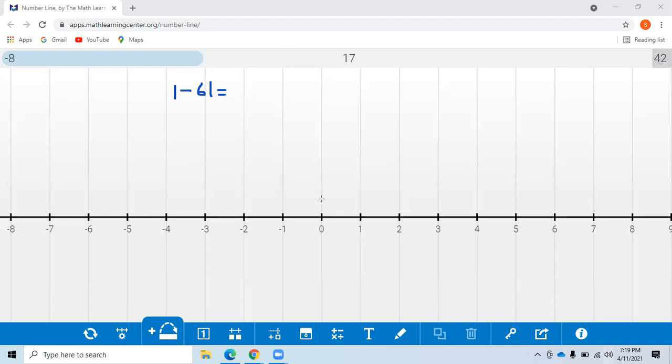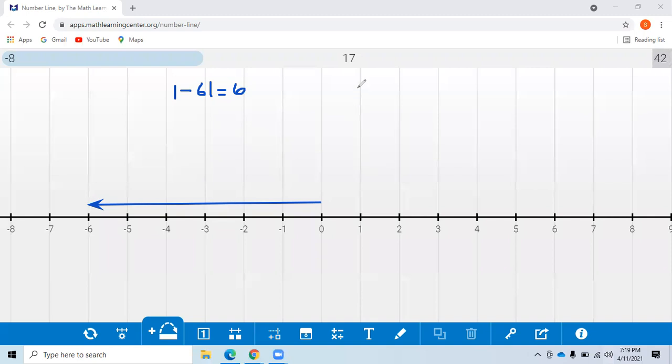And I could draw my line and count 1, 2, 3, 4, 5, 6. Or I really could count without drawing the line. But however I do it, I can see that the absolute value of -6 is 6, because 6 is 6 units from 0 on the number line.